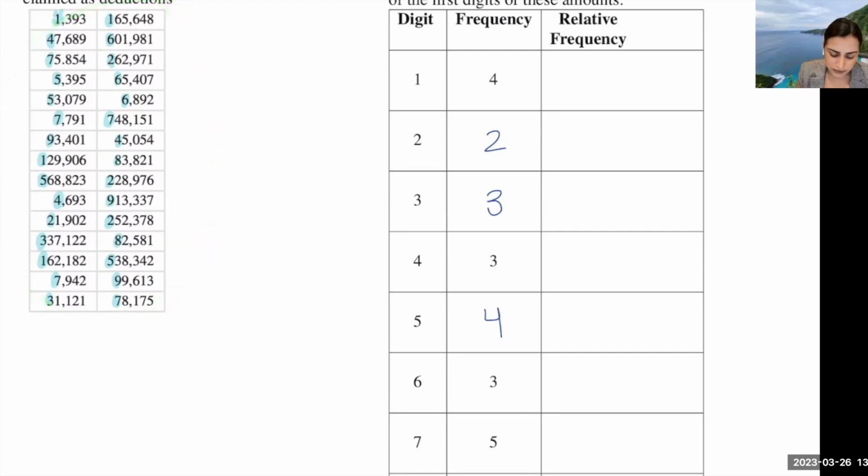And so in order for us to find the relative frequency of all the numbers that have the digit of 1, we're going to have 4 divided by 30, which is approximately 0.133. Okay. Or if we want to write it as a percent, 13.3%. All right. We're going to go ahead and do that for the rest of these values here.